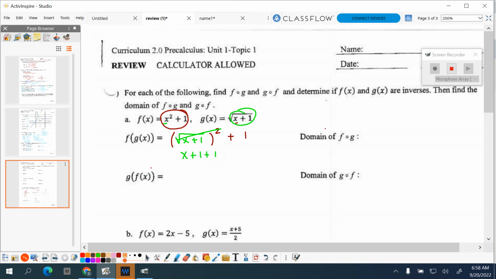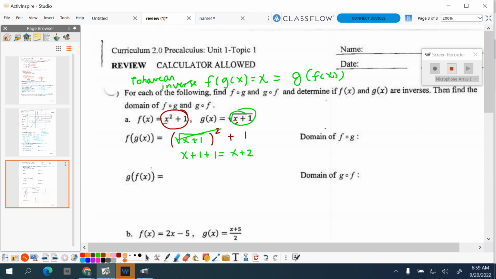And in order for me to have an inverse, f of g of x must equal x, and x must also equal g of f of x. I can kind of already tell to have an inverse, but it's probably not going to work out. So this equals x plus 2.